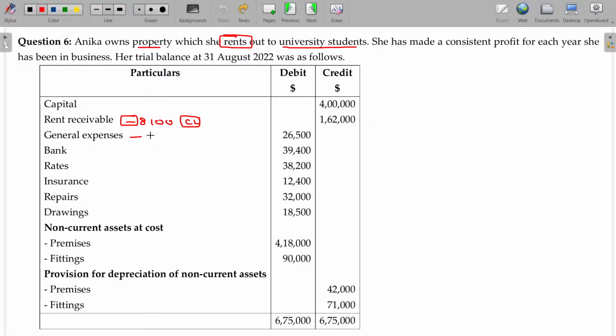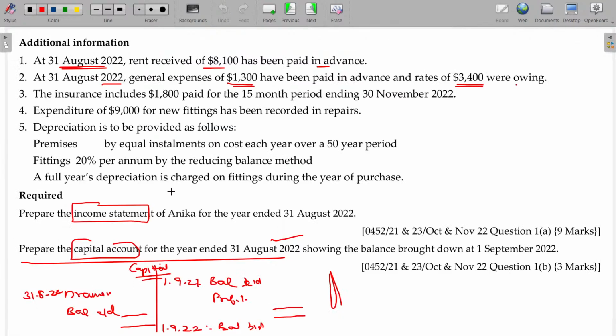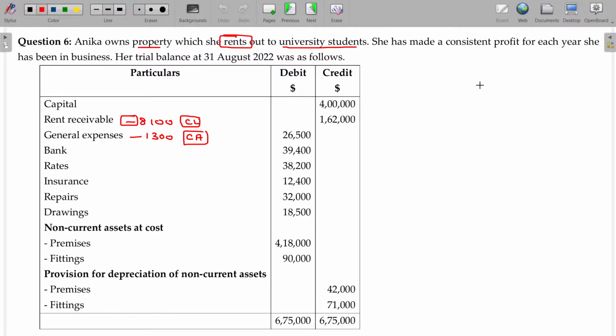And if the expenses are paid in advance, this will be your current asset. Current liabilities and current assets. And rates 3,400 being owing here, outstanding. In case of rates, there is outstanding. Add 3,400 as the expenses being outstanding, that will be considered as current liabilities.